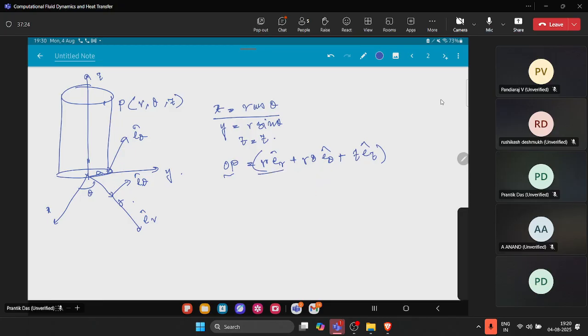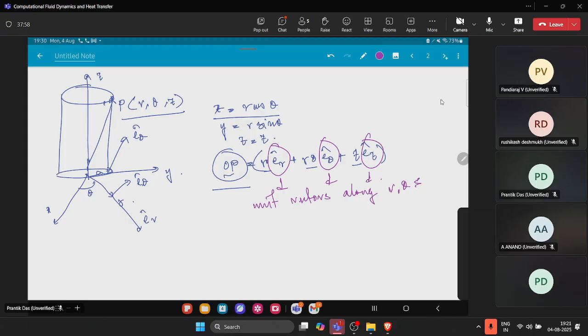In the radial direction, we have the radius vector r. So the OP vector in the cylindrical coordinate system, where P is a point which is a function of r, theta and z, we can write as r er cap plus r theta e theta cap plus z ez cap, where er cap, e theta cap, and ez cap are the unit vectors along the r, theta and z directions. Is it clear to all of you?